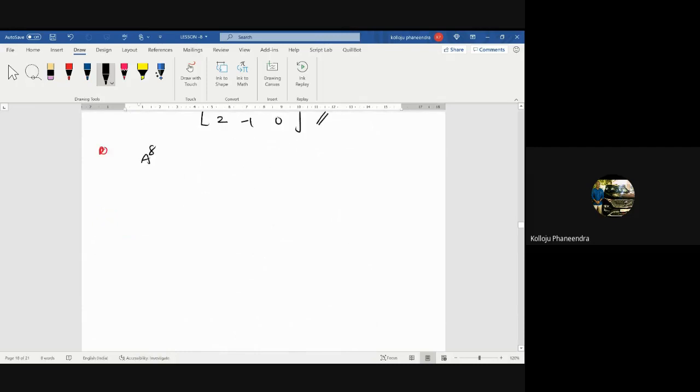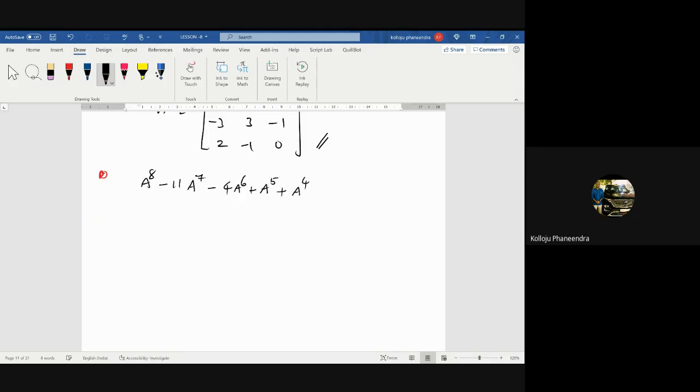Yes, I can simplify this in a different manner. A power 8 minus 11A power 7 minus 4A power 6 plus A power 5 plus A power 4 minus 11A cube minus 3A square plus 2A plus I, right? Okay, this is the expression.